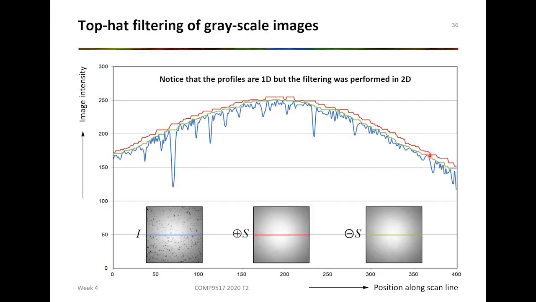And so I need to correct for that. I take the erosion, and now the green profile is the final result that you can subtract from the blue profile. And of course, because the green profile now always has a value that is higher than or equal to the blue profile, we're going to get negative results.